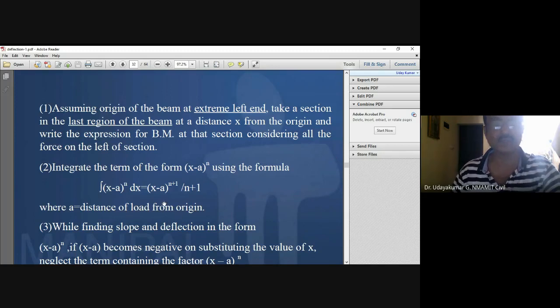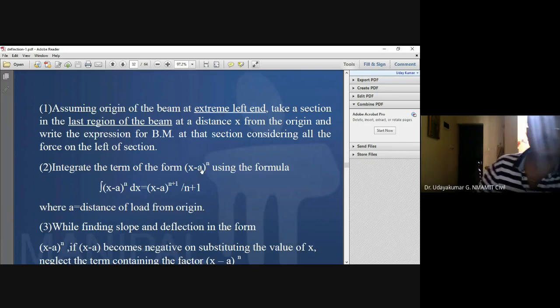Take the moment of that, and the integration of (x minus a) to the power n is written as (x minus a) to the power n plus 1 divided by n plus 1, as a whole, not by part. The integration within the parentheses should be done as a whole.